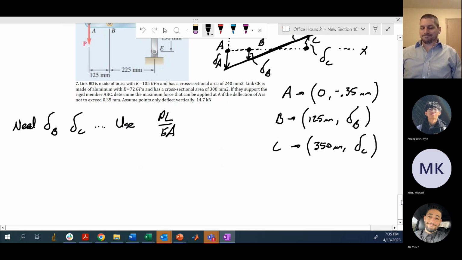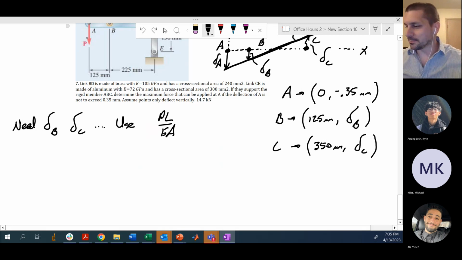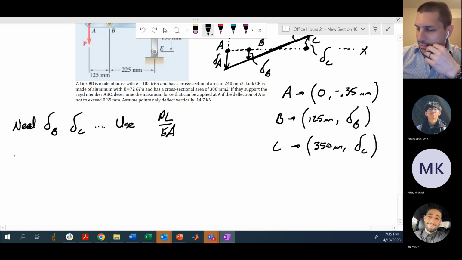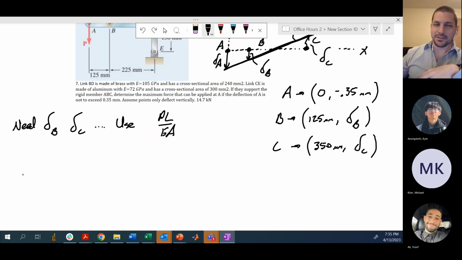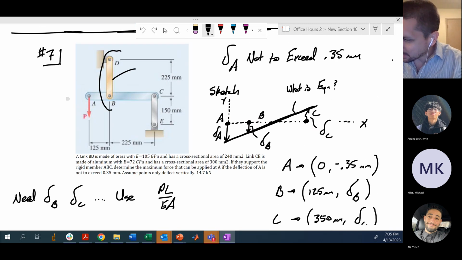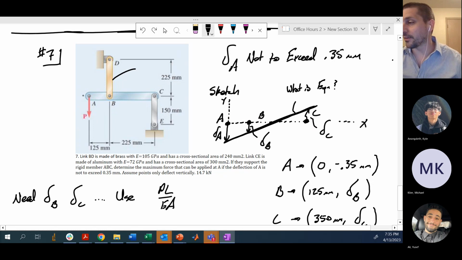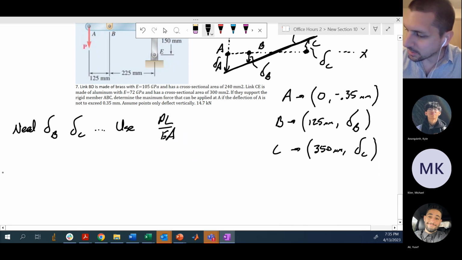So I need to know what those loads are, in terms of the load I have applied at A, which is that load P. Sadly, I need to do some statics here to understand what the loads are in members DB and CE in terms of what I'm applying at A. Need statics.